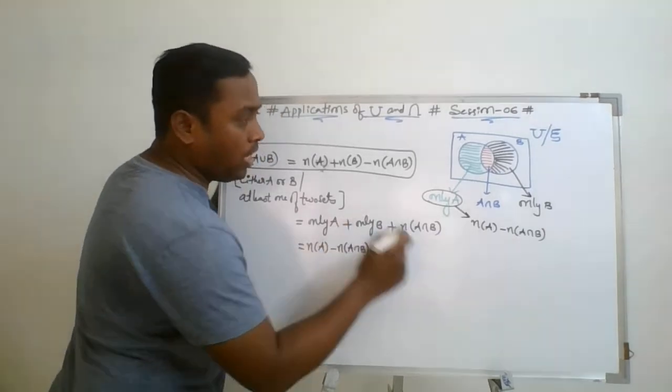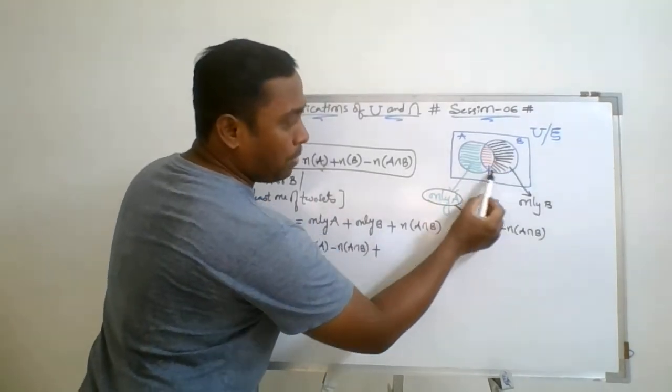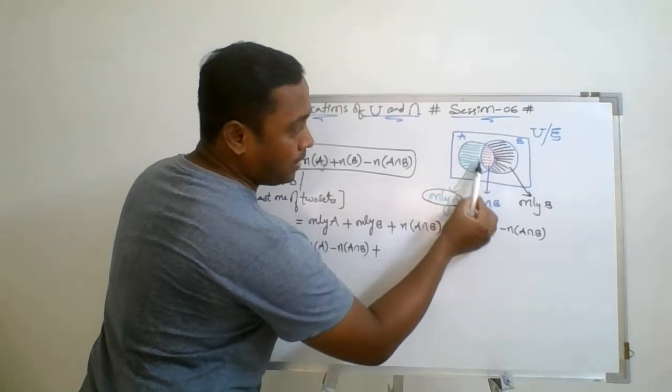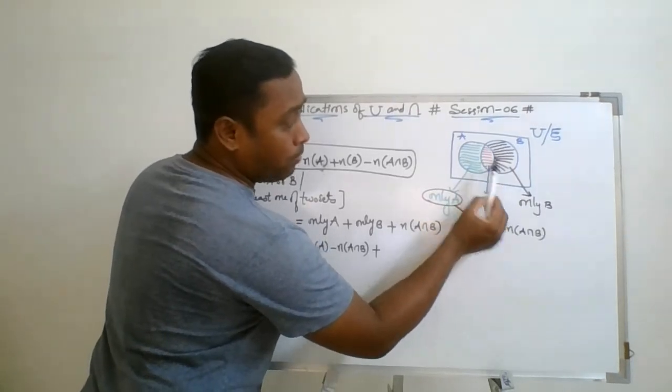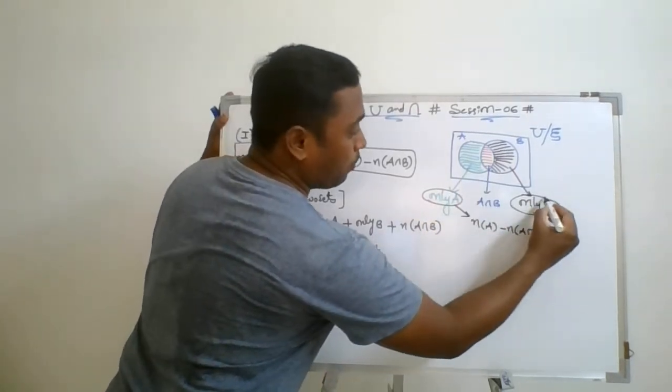Similarly, only B. How will you get only the black portion? From the B circle, we need to eliminate the red portion. So that is what I am going to write.